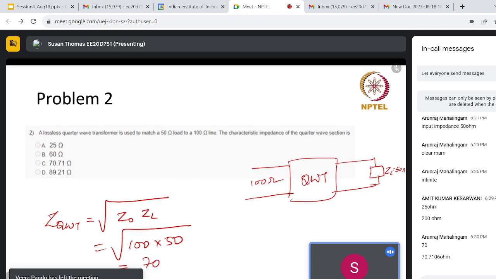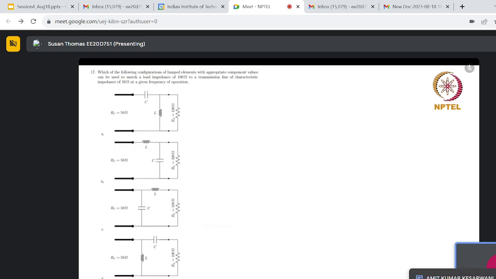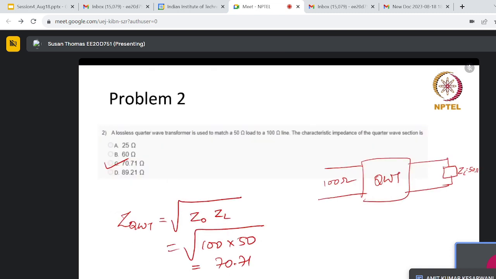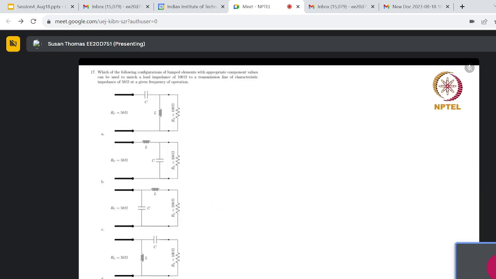So the right answer is 70.71. Yes, that's the right answer, 70.7. Okay, now let's move to the next question.